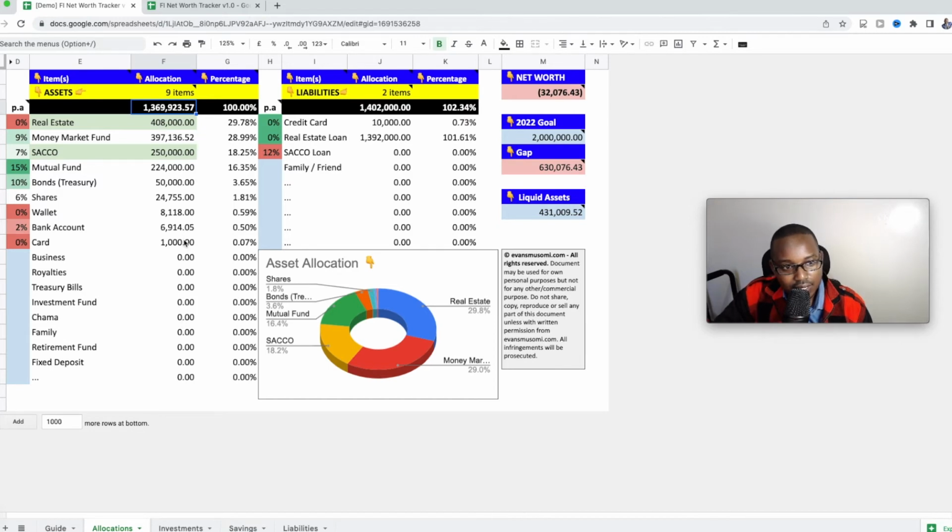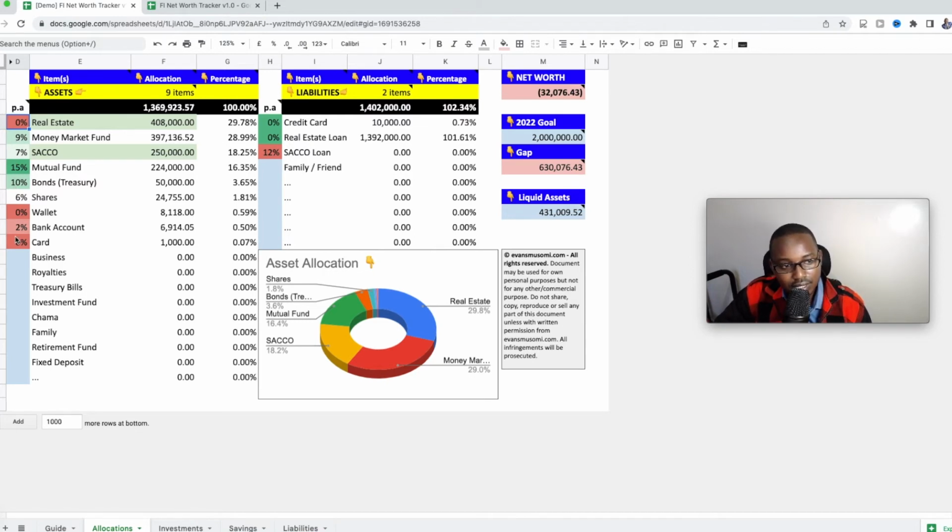How much money is there and what proportion of his total portfolio they make up. On this side, just as in the other sheets, he can indicate how much he's getting from the investments and savings. So 0 from real estate, 9% from money market fund, and so on and so forth.